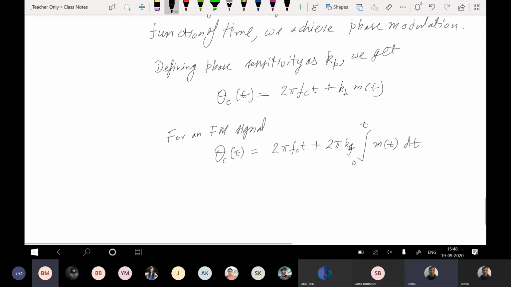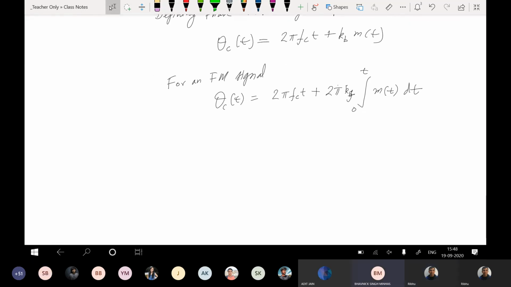Fine. So FM is frequency modulation? Yes, FM is frequency modulation.